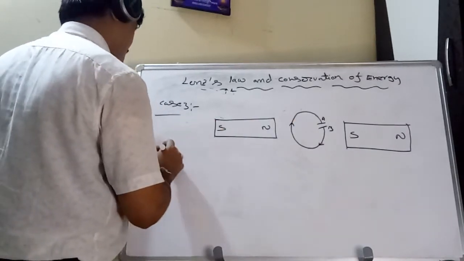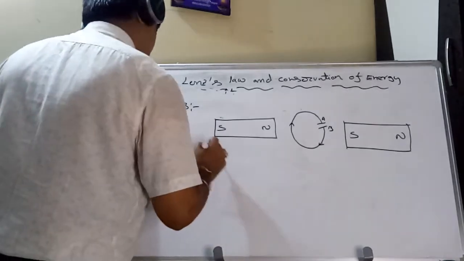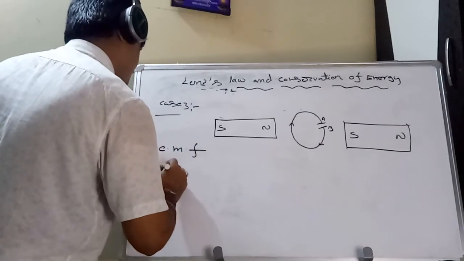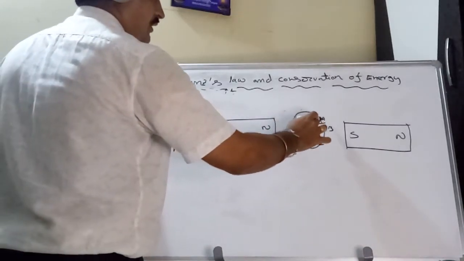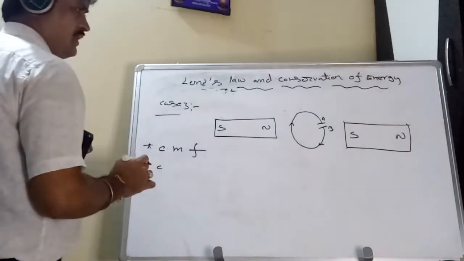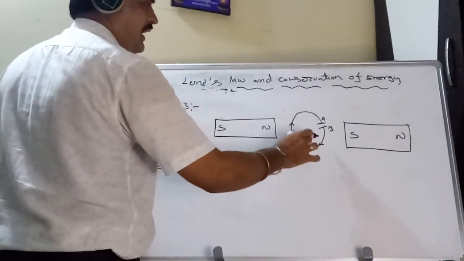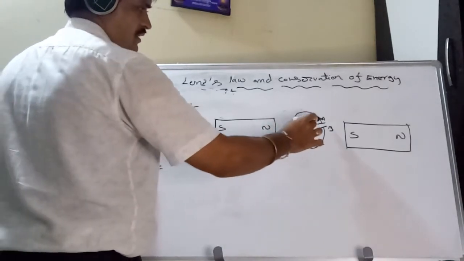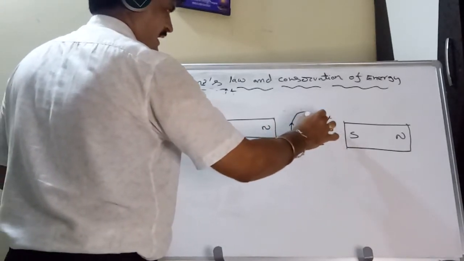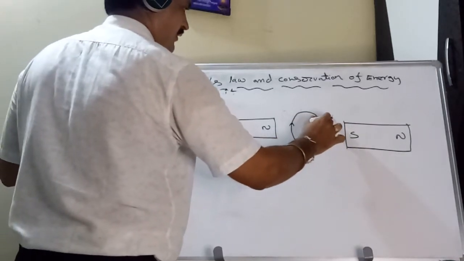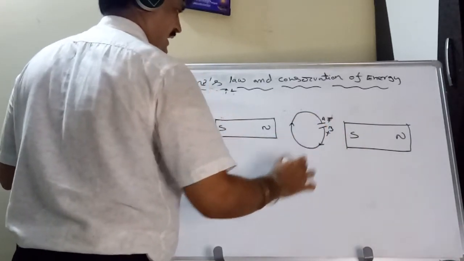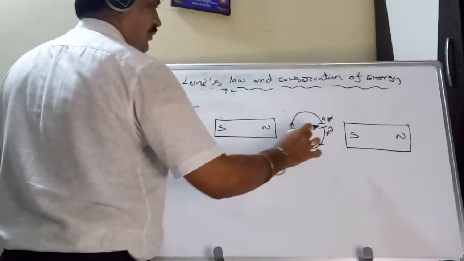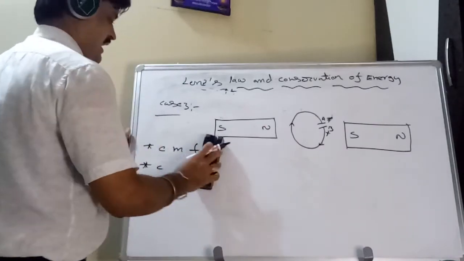Induced EMF is produced, and the current passes from A to B. A and B are connected to a capacitor. The current direction is A to B and the electron direction is B to A. So plate A will be negatively charged and plate B positively charged in this condition.